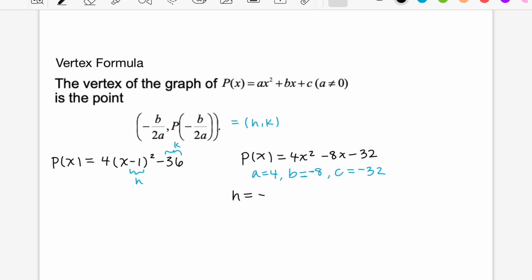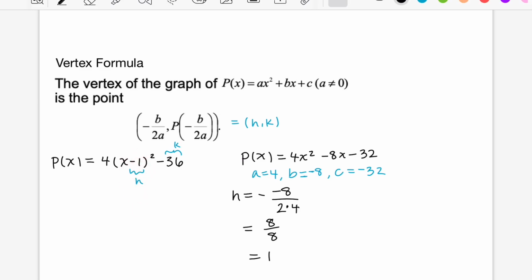So it'll be minus b, which is -8, over 2a, and a is 4. Okay. So we have a minus negative 8, so it'll become positive, and on the bottom we have positive 8. So we just get 1 for h. You notice that's what we had here.